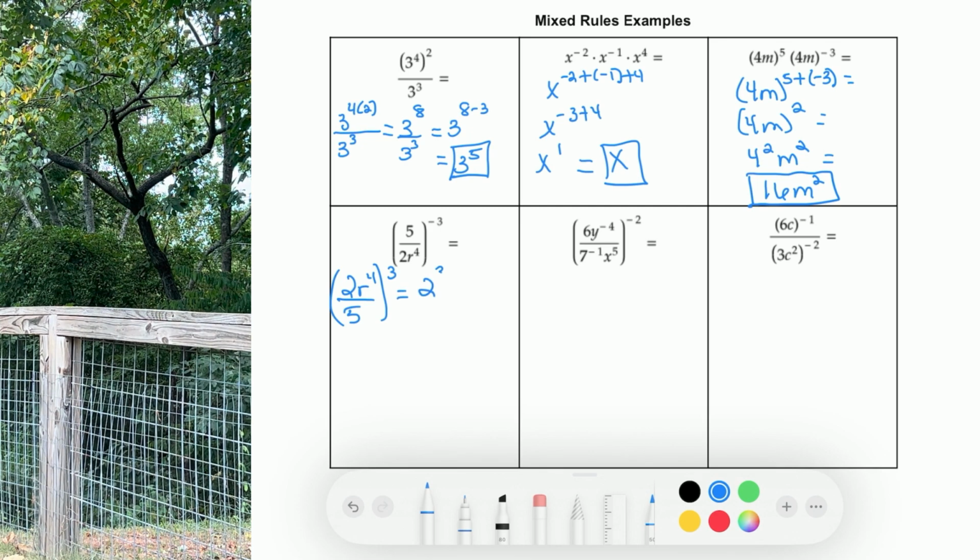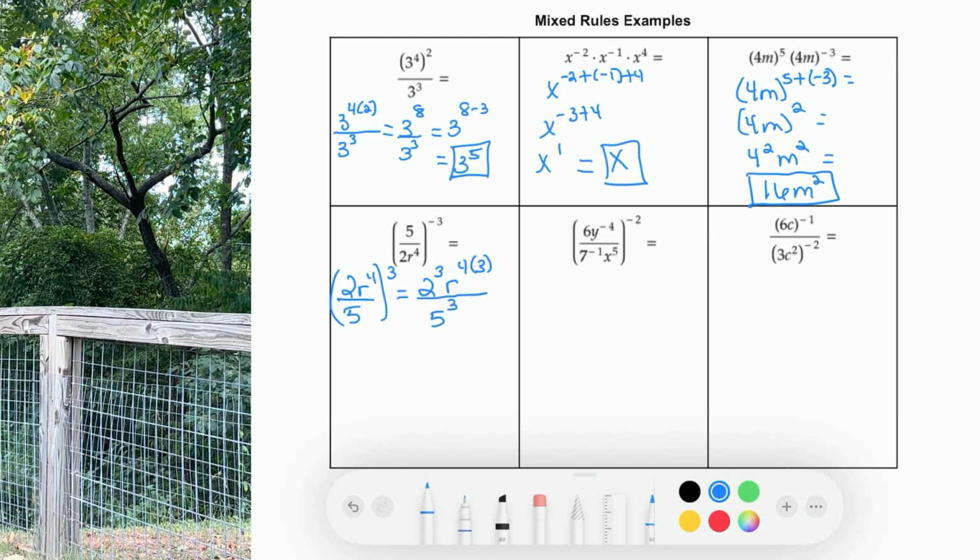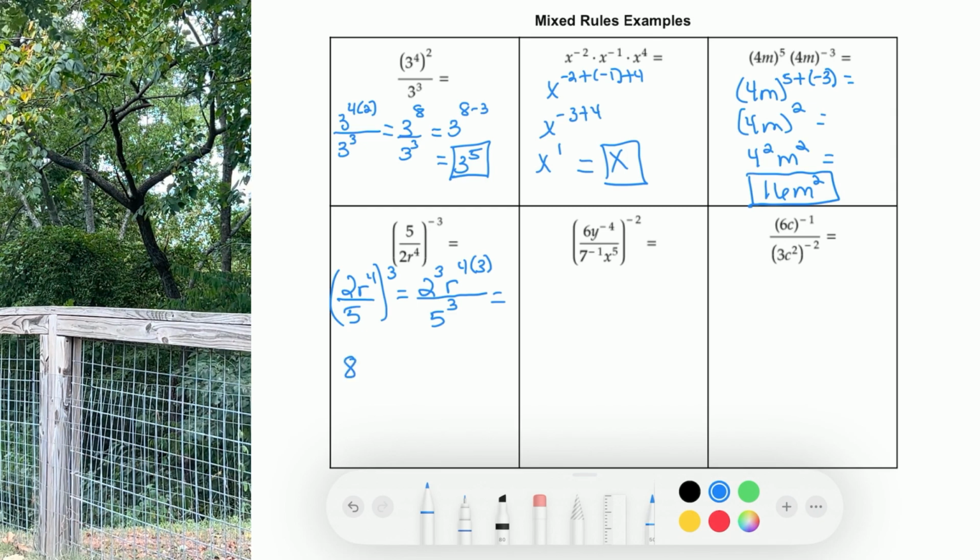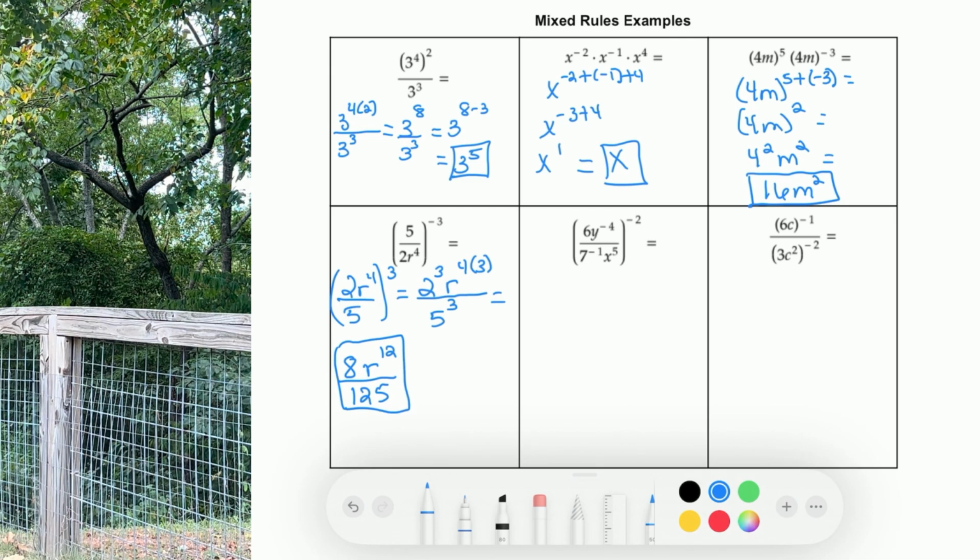So I get 2 to the power of 3, r to the power of 4 times 3, because this is our multiplication rule, our power rule. And then we have over 5 to the power of 3. All right, I'm going to simplify that out. 2 to the power of 3 is, let's see, 2 times 2 is 4, times 2 is 8. And then we have r to the power of 12. 5 to the power of 3 is 125. And we are done with that one.